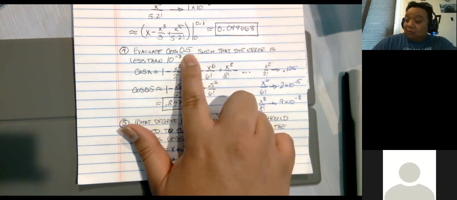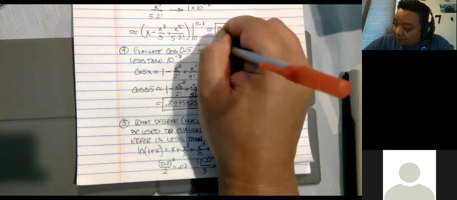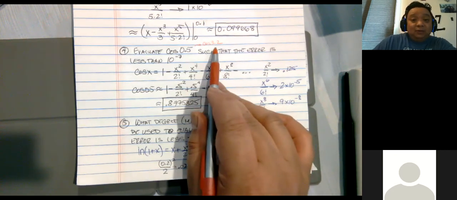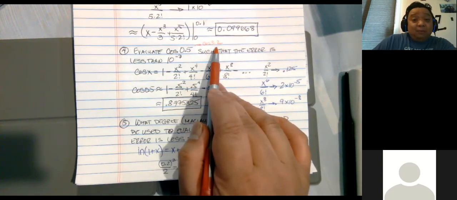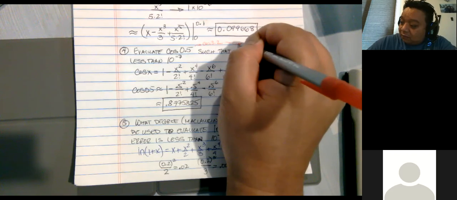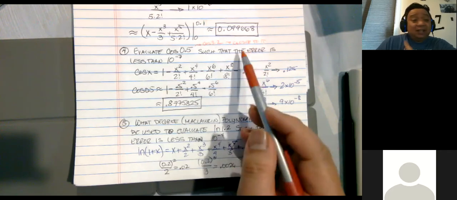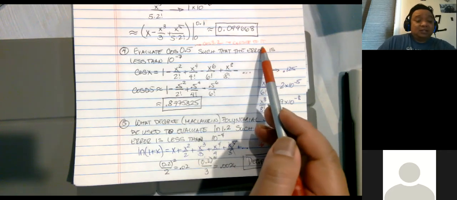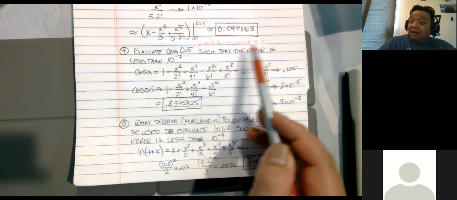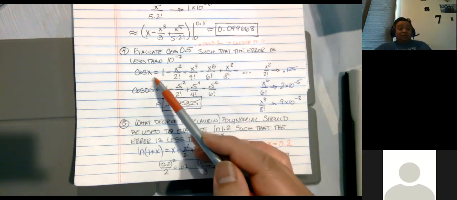If this was cosine 3.2 as a value, 3.2 is closer to pi, which means if I use a Taylor series in which the center is pi, I will end up using fewer terms than if I use a Maclaurin series whose center happens to be 0, which is this one.